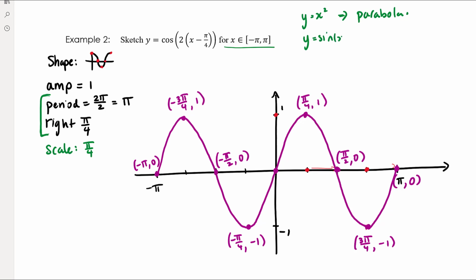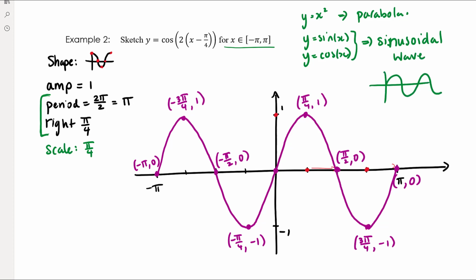Y equals sine of x and y equals cos of x actually produce the same graph shape. That graph shape is called a sinusoidal wave. Okay?